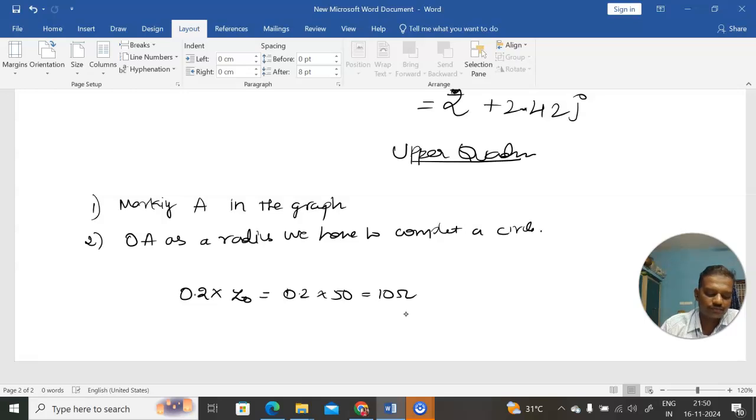Okay, where the first voltage distance between the load of first voltage maximum.